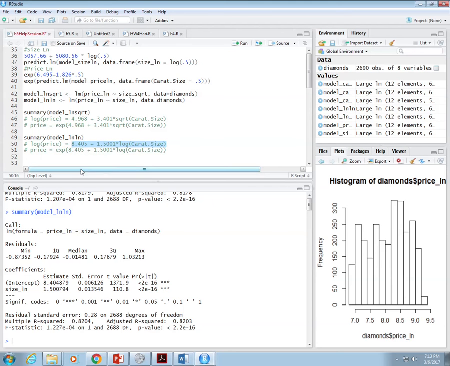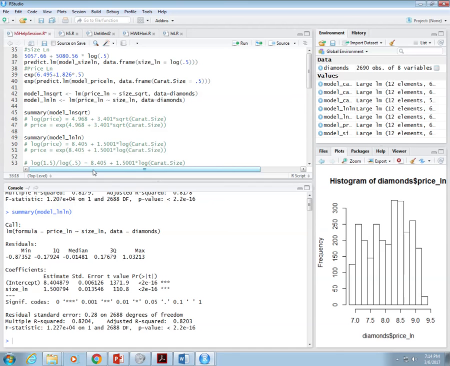So using this, the log price of a 1.5 carat would be this, right? And I'm going to divide this, it'll make sense in a second why, by the log of a 0.5.